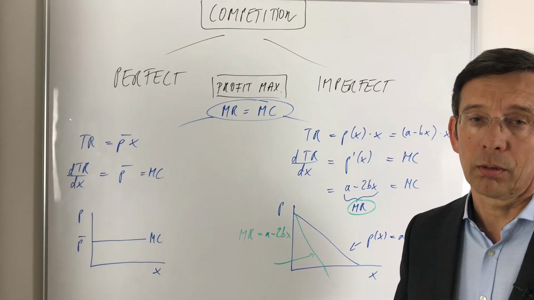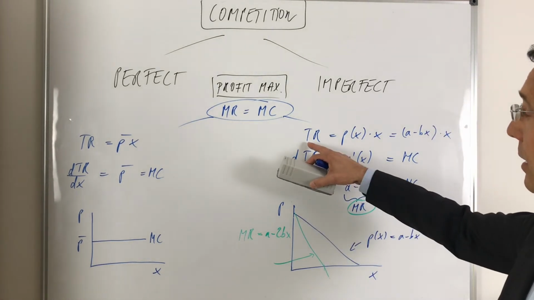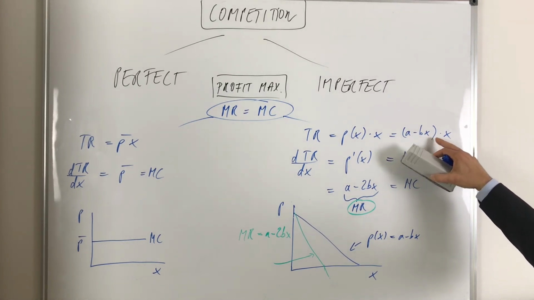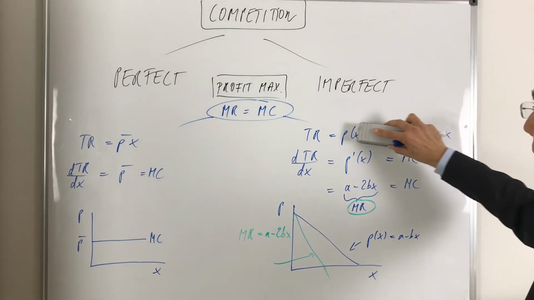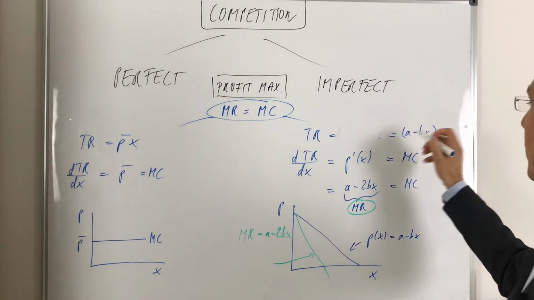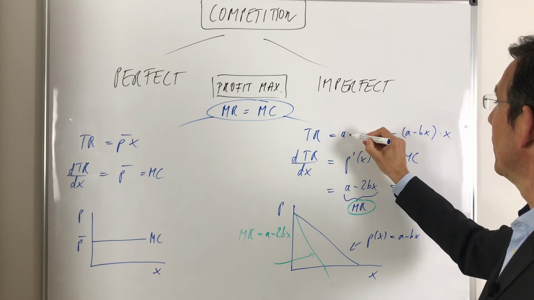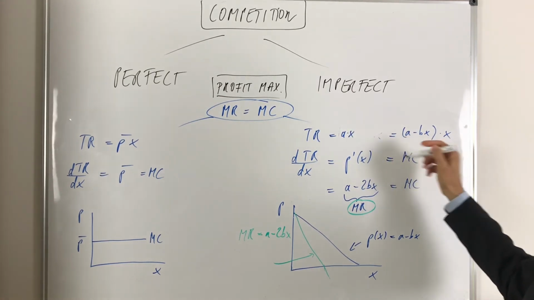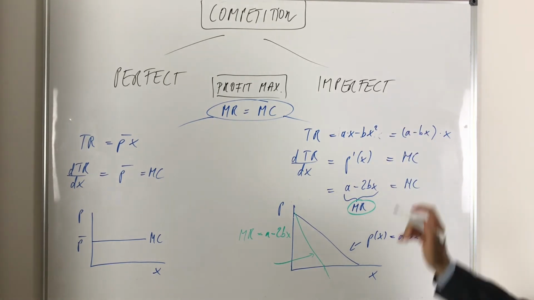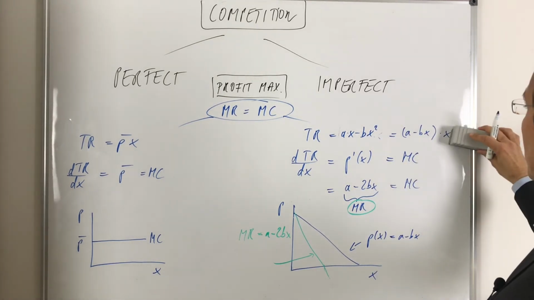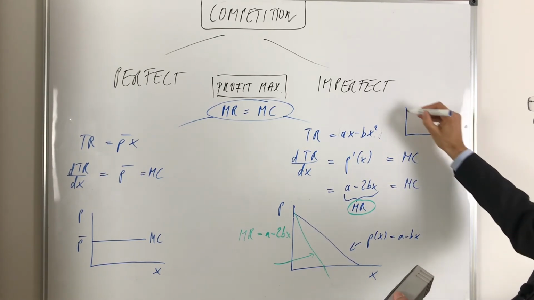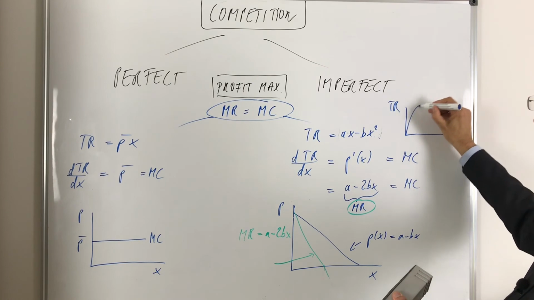No? Well, let's do it again. So that's the total revenue function, and that's a minus bx times x, right? So I wipe out here and multiply a times x minus bx squared. This here is the total revenue function, and the total revenue function looks like that.